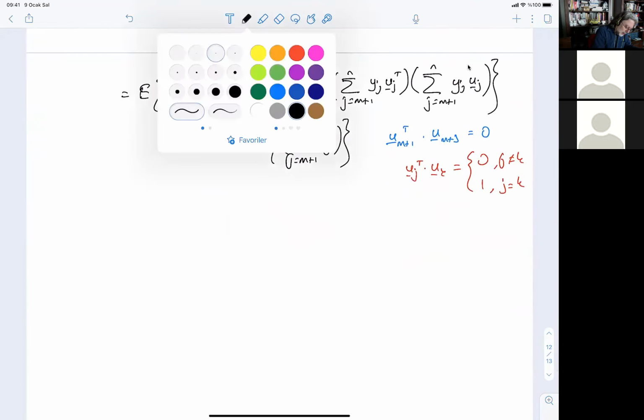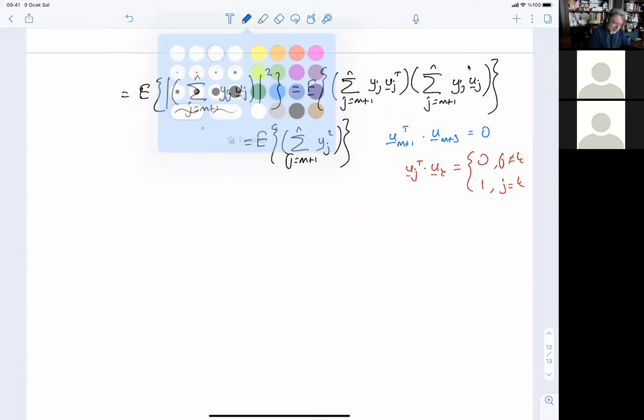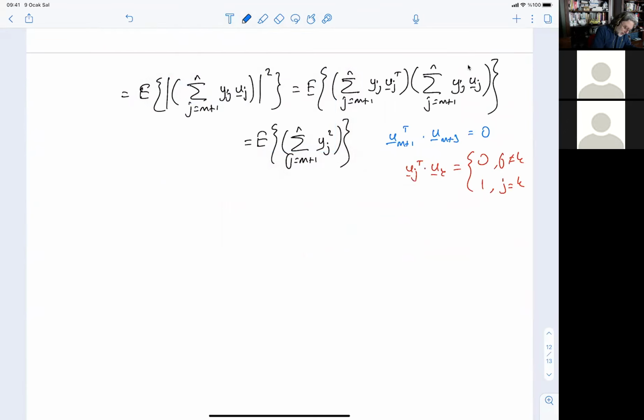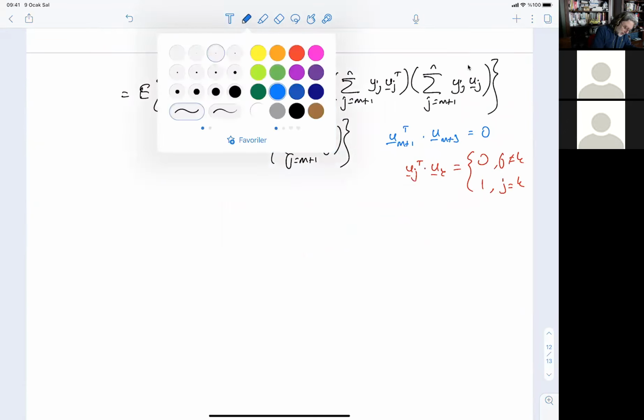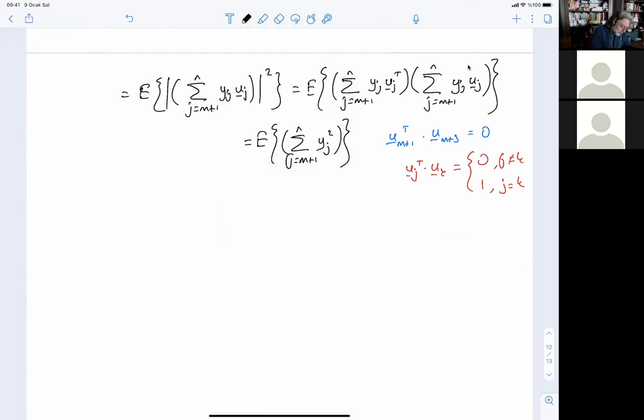Now I will continue again in blue, because from here, first I will continue and put this in a different form. That different form is the summation first, and then the expectation goes inside.